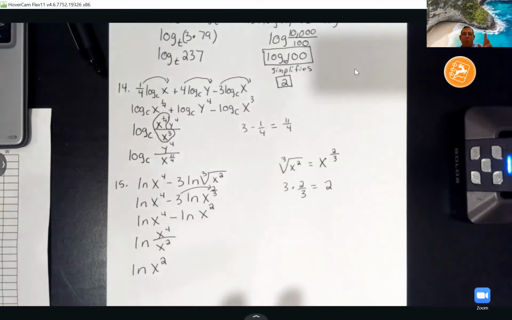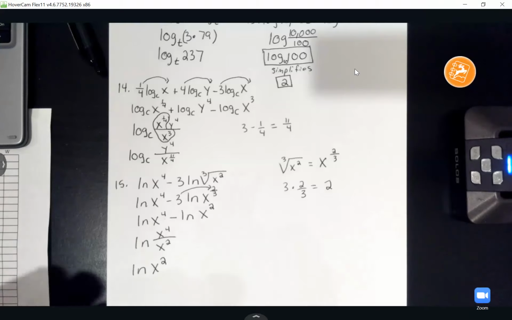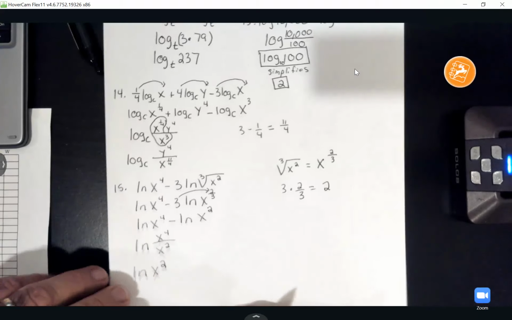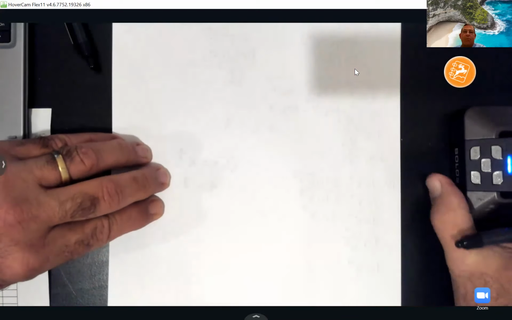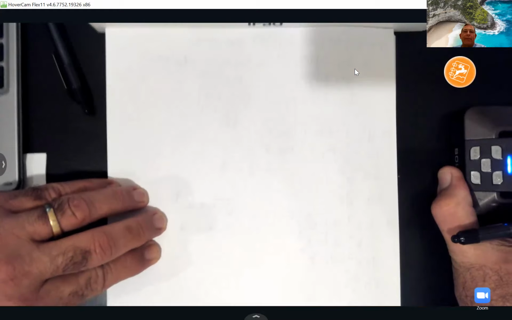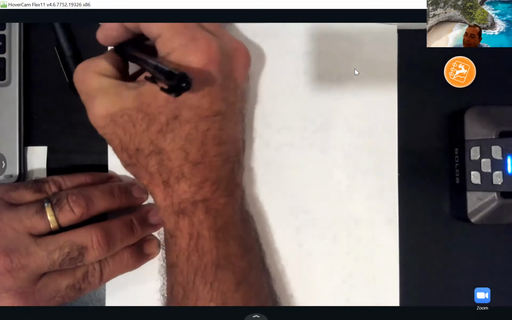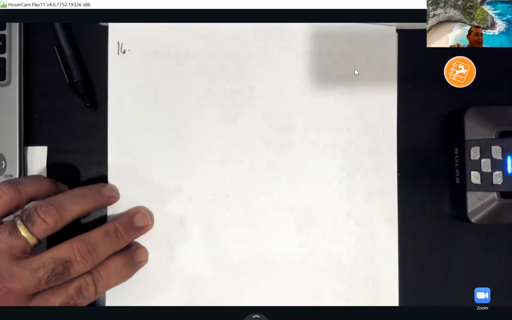All right, y'all. So 2 more fun ones to go through. And then I'll do my little bit of support for us. So 16. Same thing. I'm going to rewrite them as a single log.